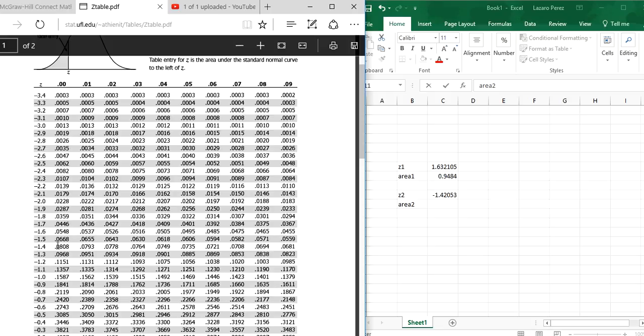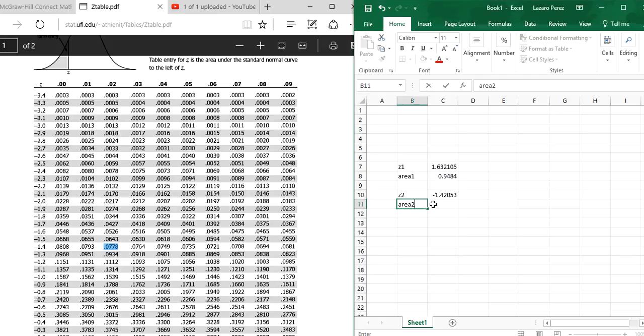Negative 1.42. All right, 0.0778. So we just subtract these to find the in-between value. So we just want to subtract the smaller one from the larger one.